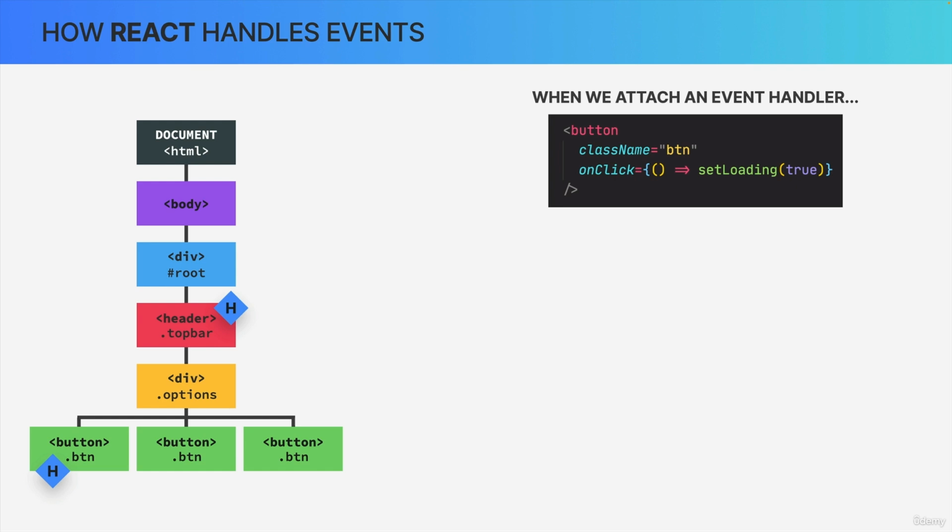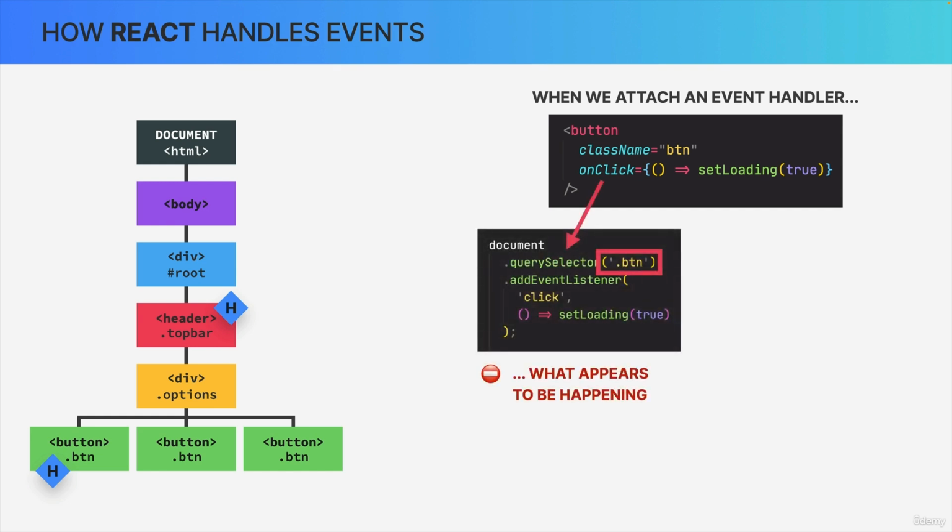So that's really easy, right? Now, if we think about how React actually registers these event handlers behind the scenes, we might believe that it would look something like this. So React might select the button and then add the event handler to that element. So that sounds pretty logical, right?